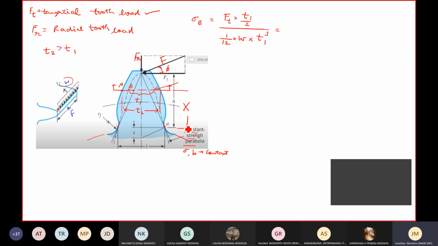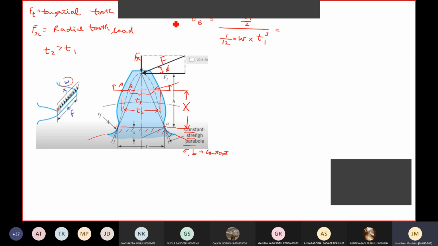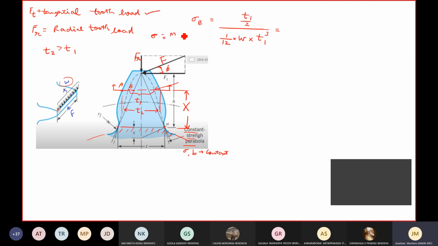Say this is X from the point of arresting. This is our cantilever beam, no? We'll keep that as it is. I'll rewrite this; I'm writing the same equation, guys. Sigma is equal to Mc by I. So M here is Ft into X, c is T1 by 2, and I is 1 by 12 W T1 cube.